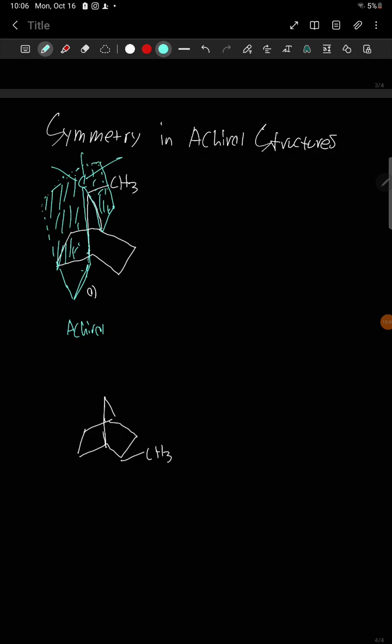Notice the methyl group comes out on the lower right side. As you notice, we can't draw a plane of symmetry here. It's not the same. Can't go diagonal. So here, this is not a plane of symmetry. No symmetry.